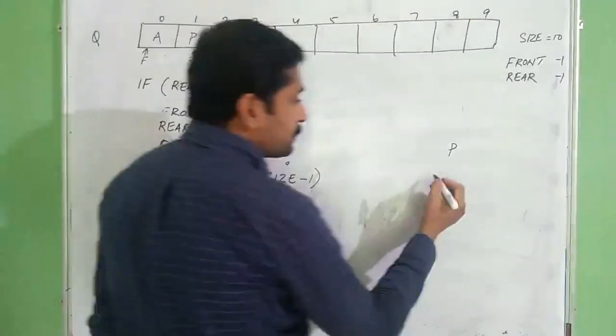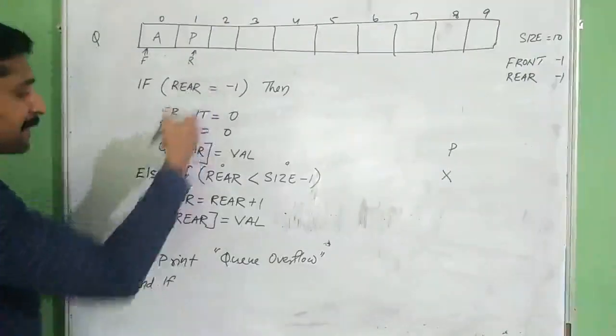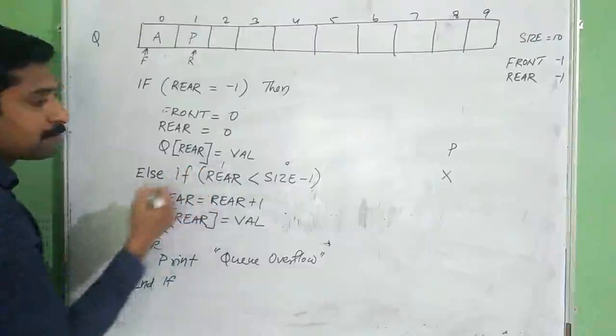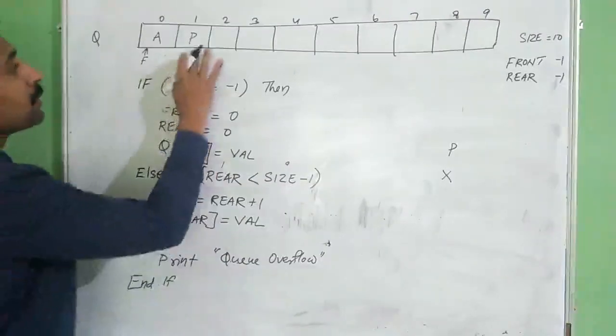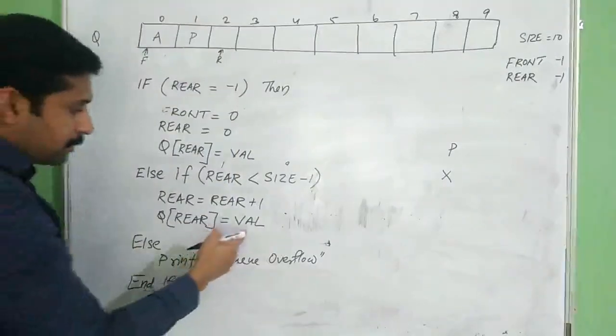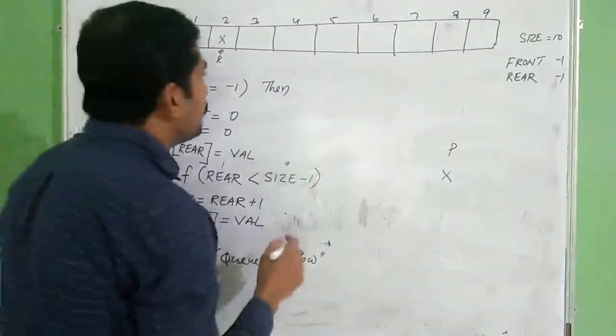And now again comes, say, X, a new value. Condition is checked. So what is rear now? Rear is 1. Rear less than size -1? Yes. So rear equal to rear plus 1. So rear becomes here. This is rear. Then that value will be added. And that continues.